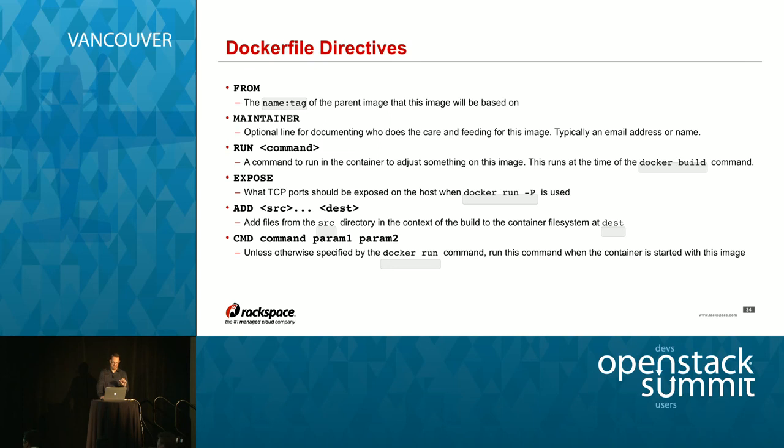The expose command is if you ran, okay, so there's this flag for Docker called -P. How that works is when you use -P, it will automatically pick what was on the expose line and map it to a random port on the host, so that you get a random port on the host that maps to whatever you exposed. So if you're using a system like Kubernetes, where it's got a services capability that's going to connect you to it, it doesn't want to take care of static mapping.